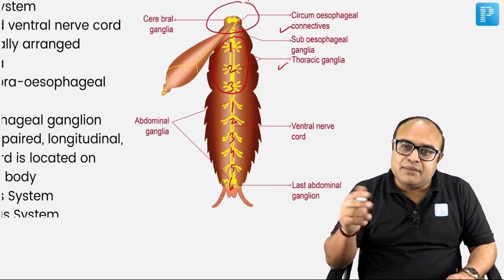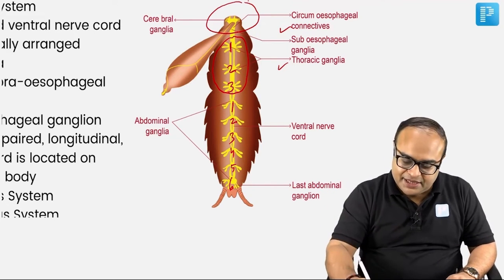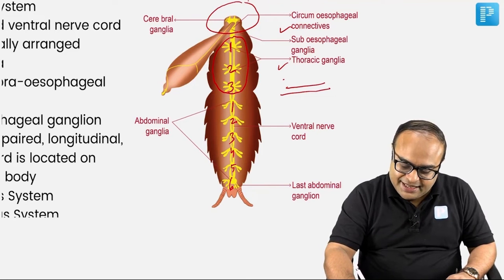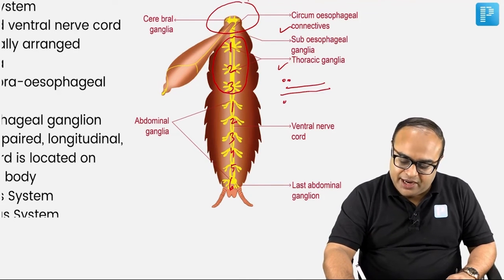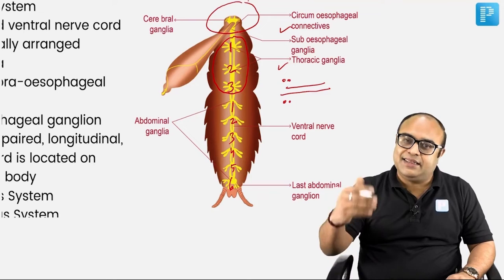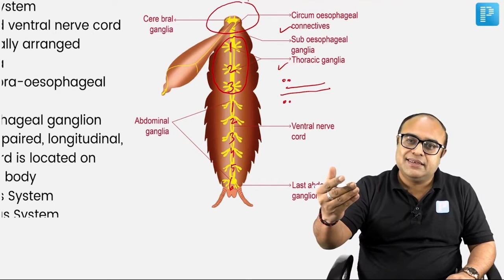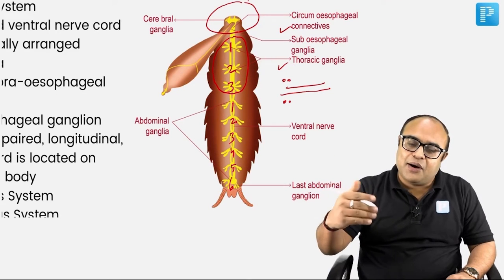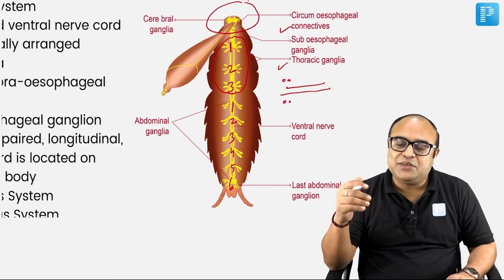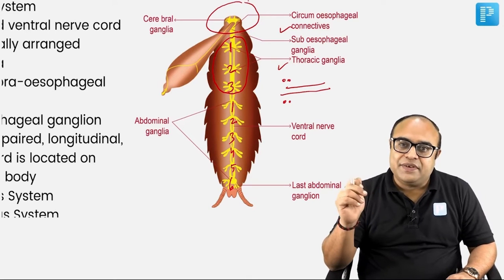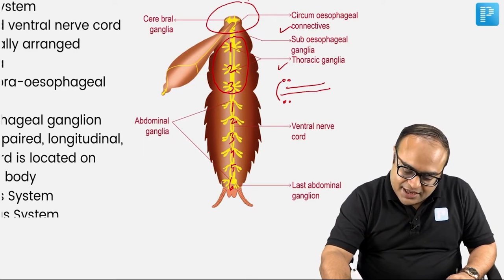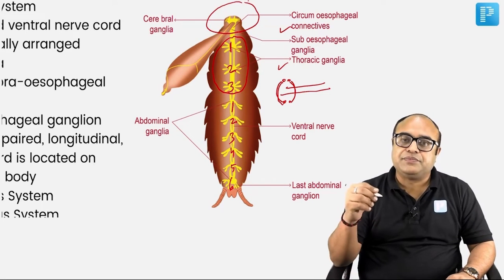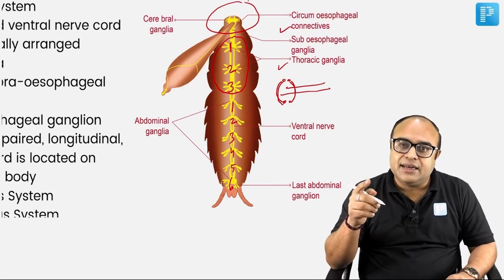Supraesophageal ganglion and subesophageal ganglion. This is the tube. Either it will be present over the top, on the dorsal surface of the esophagus, the supraesophageal ganglion, or below it, on the ventral surface, where it is known as the subesophageal ganglion. These 2 ganglia are connected with each other with the help of connectives. Okay, not commissures, connectives.